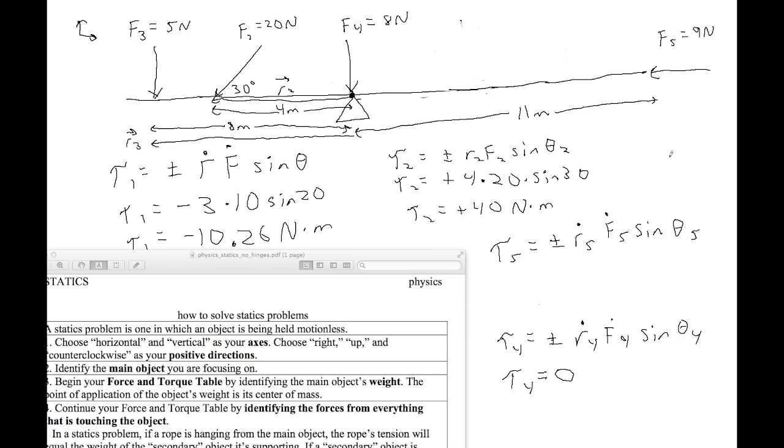Did you draw R5? So R5 would be from the force to the pivot, which would be 11 meters. Good. But then there's no perpendicular distance. So there's no component of the force that's perpendicular to R5. That's right. And to continue thinking about that mathematically, so what would be the angle, theta?